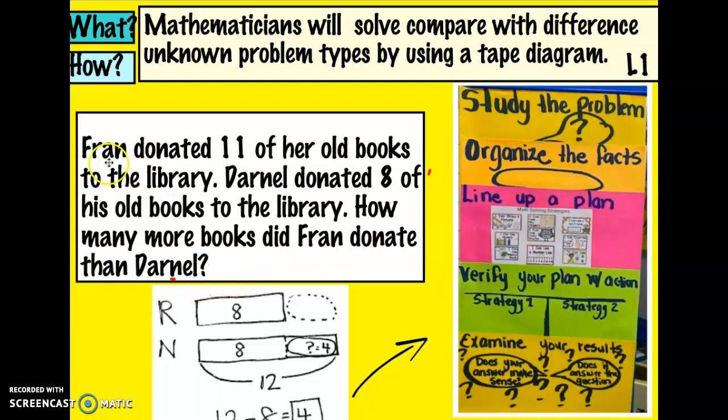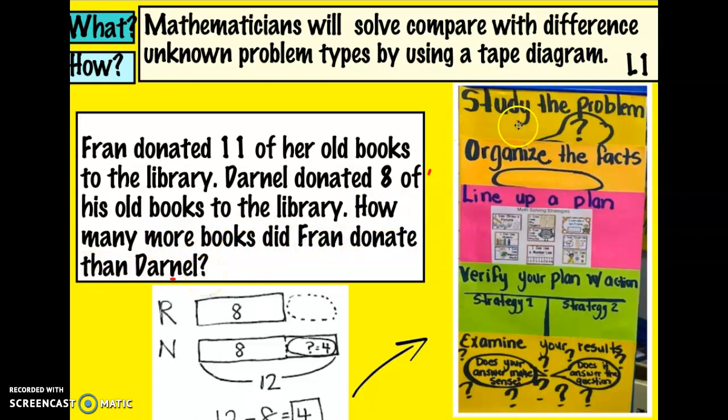Let's read it again. Fran donated 11 of her old books to the library. Darnell donated 8 of his old books to the library. How many more books did Fran donate than Darnell?